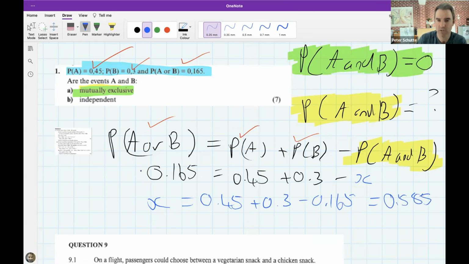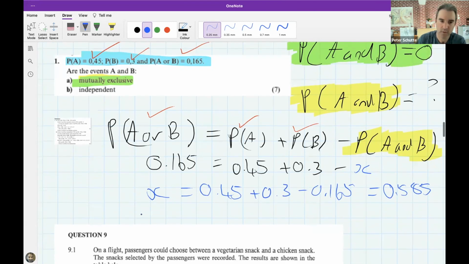It can't be mutually exclusive. So we can say, therefore, A and B are not mutually exclusive.